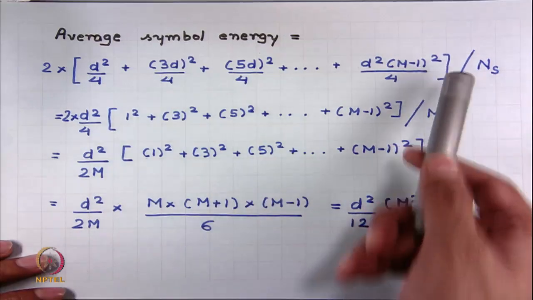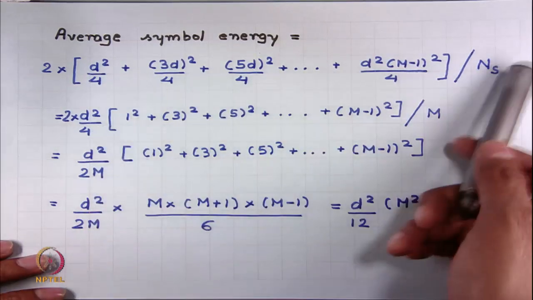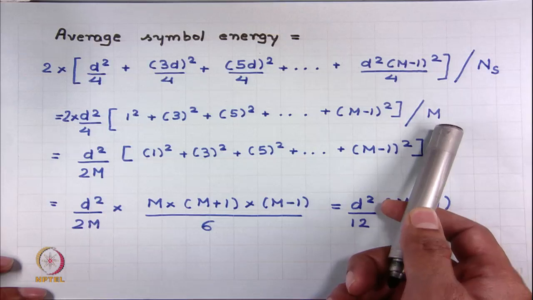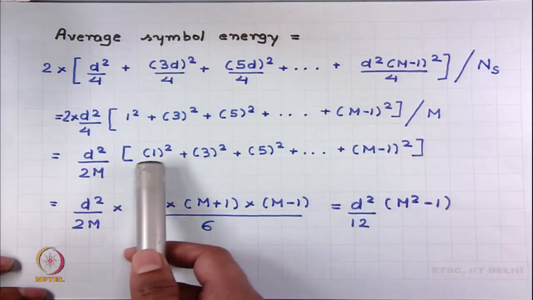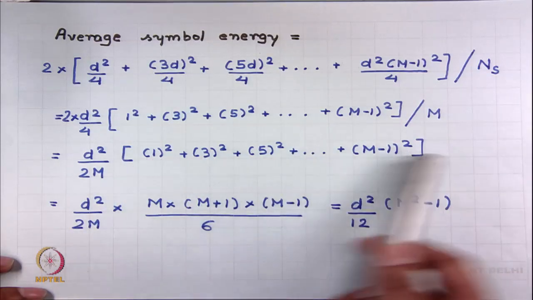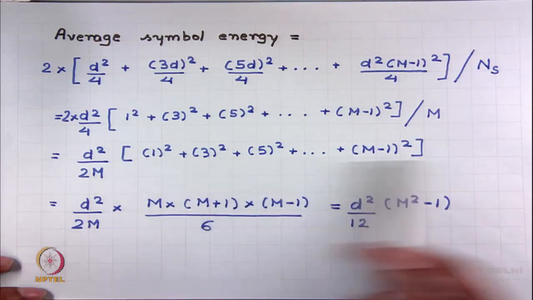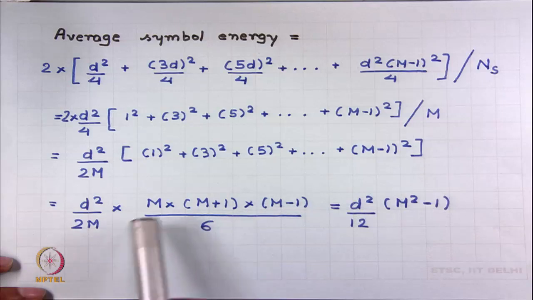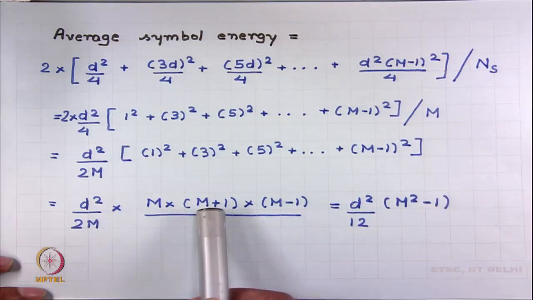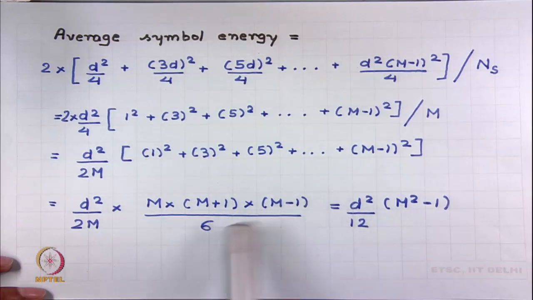You can reduce this to this, the number of symbols is m, and then we get a neat series like 1 square plus 3 square and so on and so forth up to m minus 1 whole square. And we know that the sum of this series is nothing but m into m plus 1 into m minus 1 by 6.